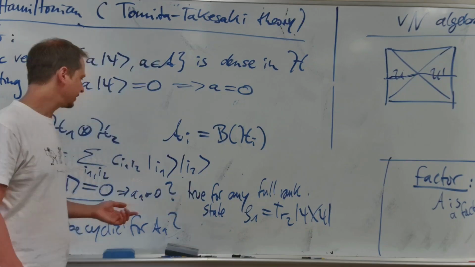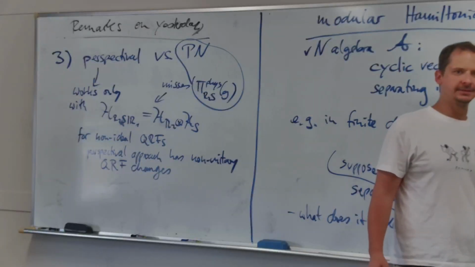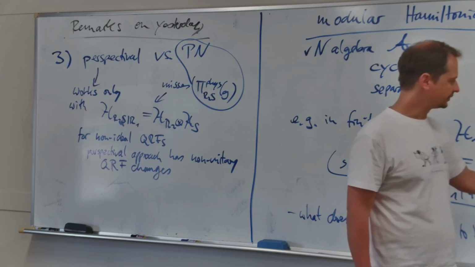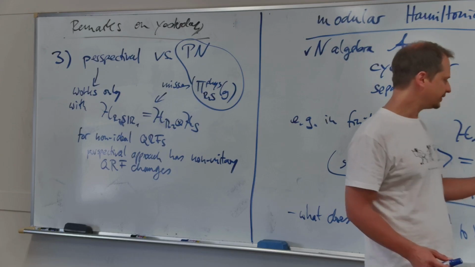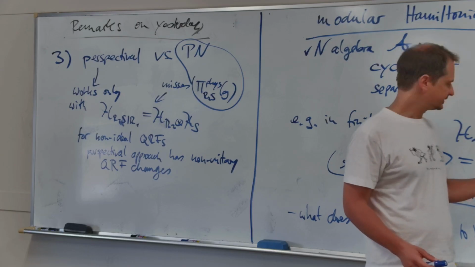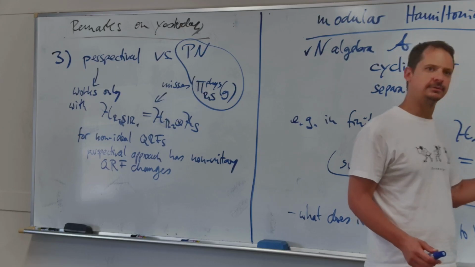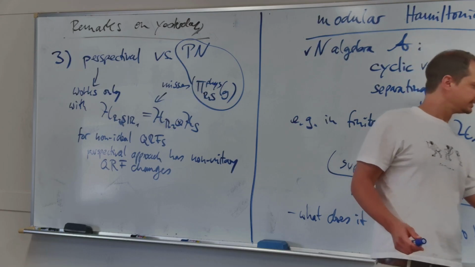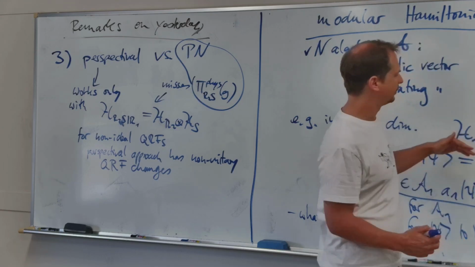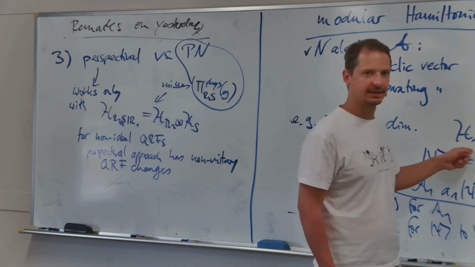Well, if you don't have full rank, meaning there are some I1s such that C_{I1,I2} is 0, then I only have support on a subspace of this space.